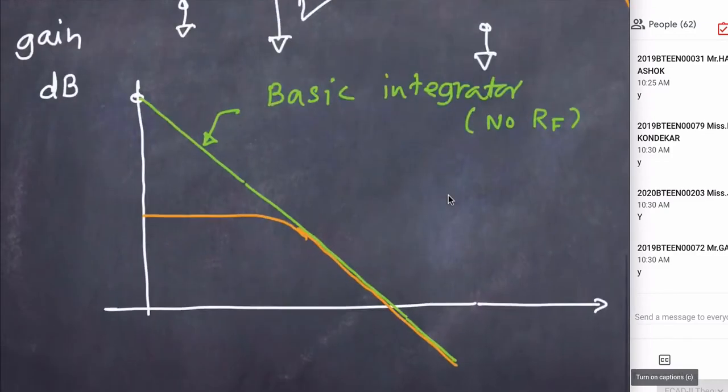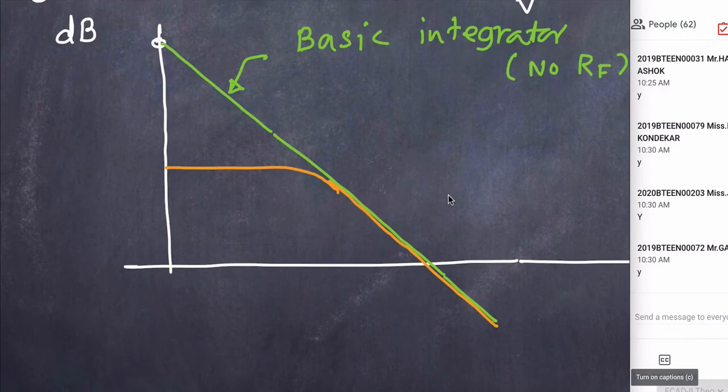Now if you look at the frequency response during this region, it means this frequency band, the gain is constant. Constant gain.